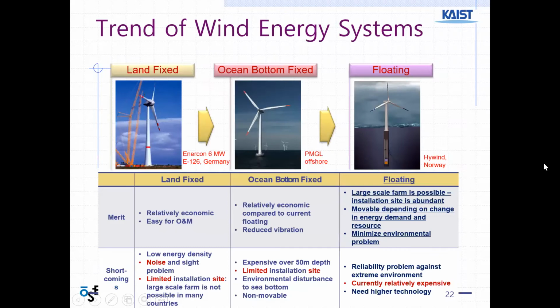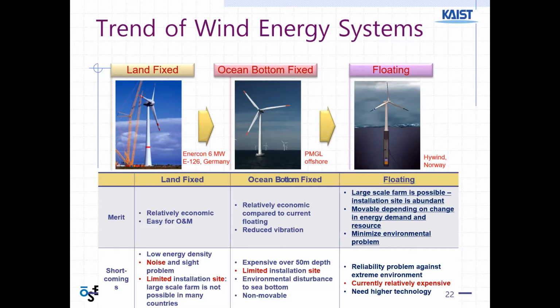All right, so the trend of wind energy systems: it started in the 1980s, and they started as a land fixed system, at the bottom left-hand side. And then nowadays, more popular is ocean bottom fixed. The same as the land fixed one, but it goes to the shallow water of the ocean. Why? Because of the wind quality and because of the land cost.